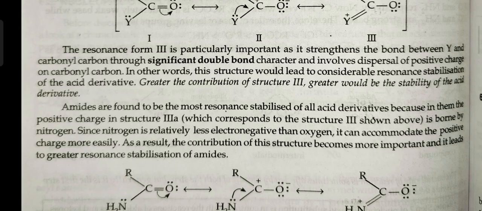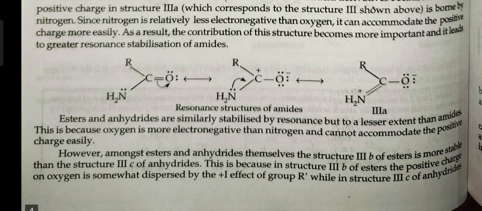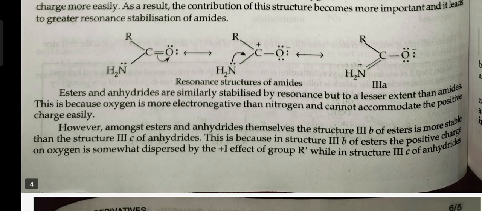As a result, the contribution of this structure becomes more important and it leads to greater resonance stabilization of amide. Esters and anhydrides are similarly stabilized by resonance but to a lesser extent than amides. This is because oxygen is more electronegative than nitrogen and cannot accommodate the positive charge easily.